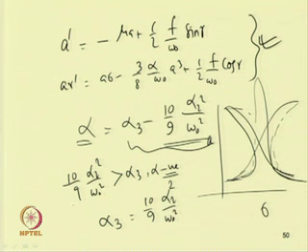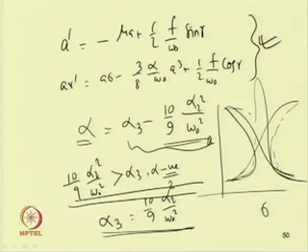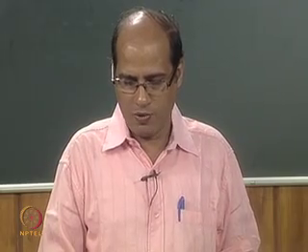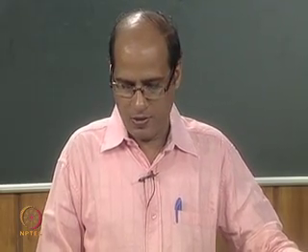If the opposite condition holds good, then the system behaves as a soft spring and the system response will show the softening effect. And if alpha 3 equals 10 by 9 alpha 2 square by omega 0 square, in that case we have a linear response of the system.